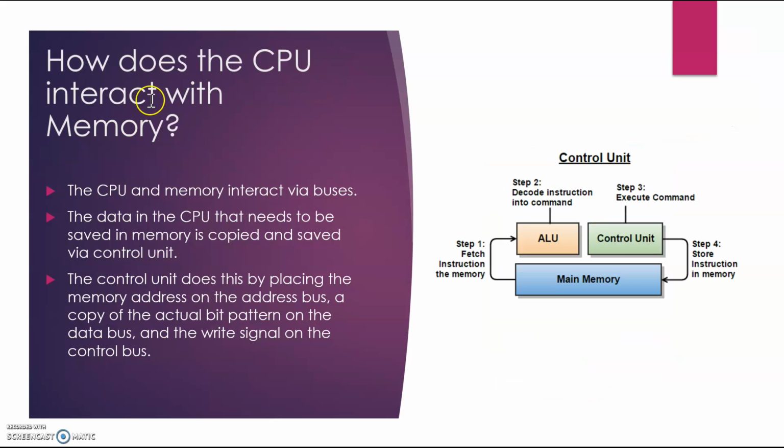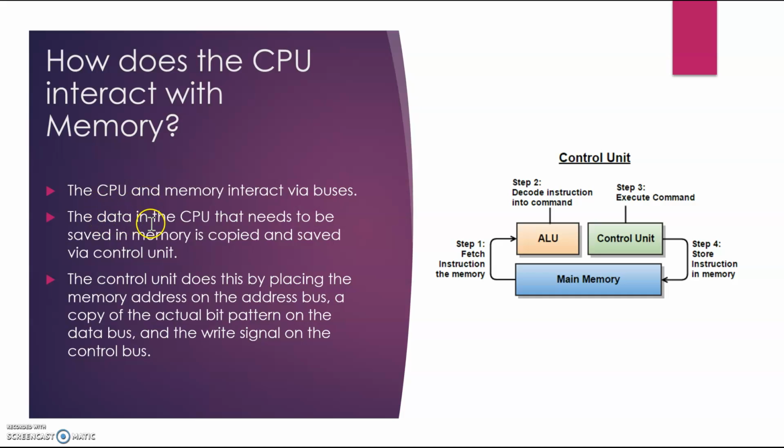So, how does the CPU interact with memory? As we explained before with the registers, there are different ways that it interacts with memory. The CPU and memory interact via buses, of course, because there's no other way it could connect.